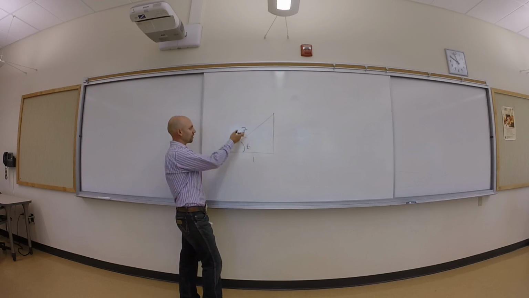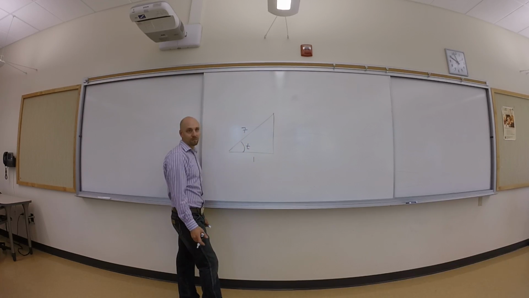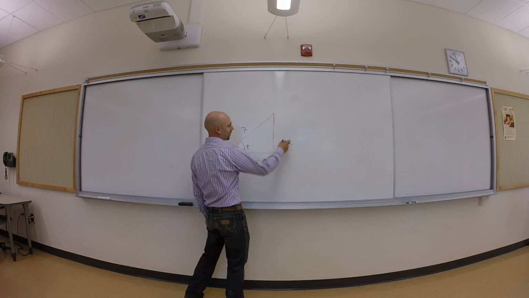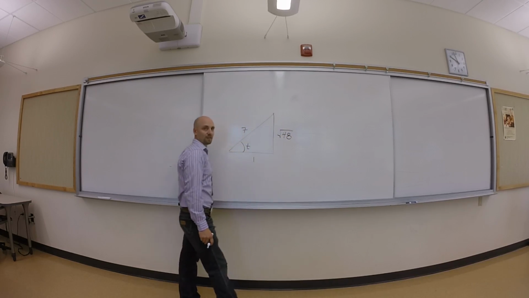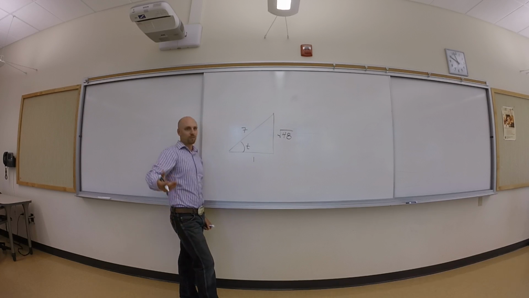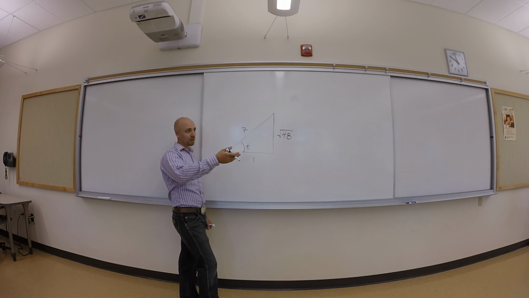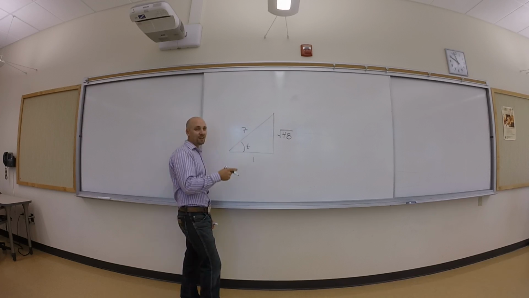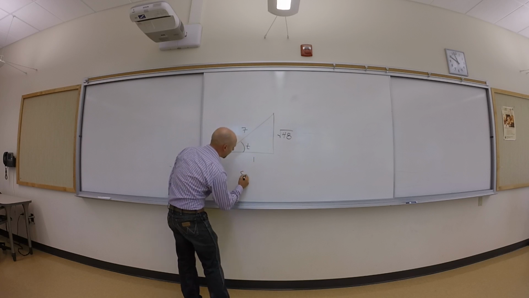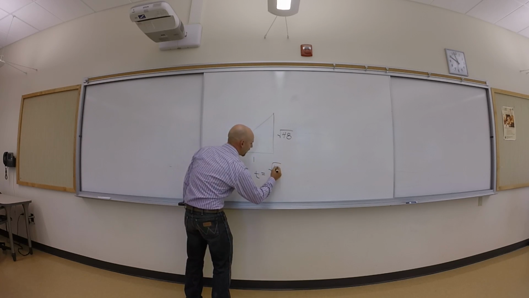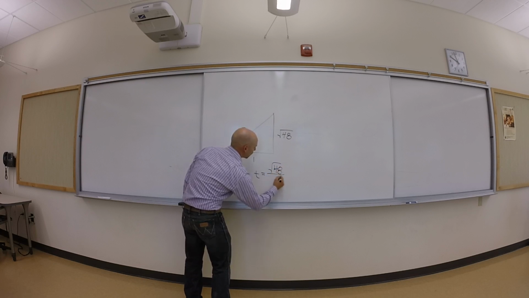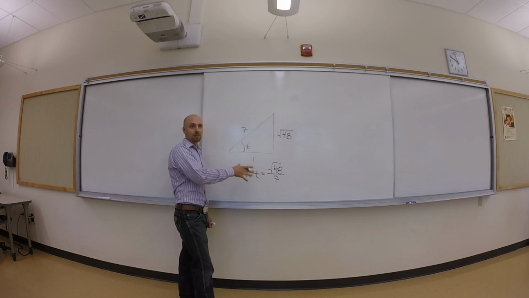So I may as well call this 1 and that 7. Then I can figure out what this is. It'll end up being the square root of 48. It's just scaled up by a factor of 7. And I need to be a little bit careful with this, because this will tell me that the sine of t is square root of 48 over 7, which, by the way, is the same thing.